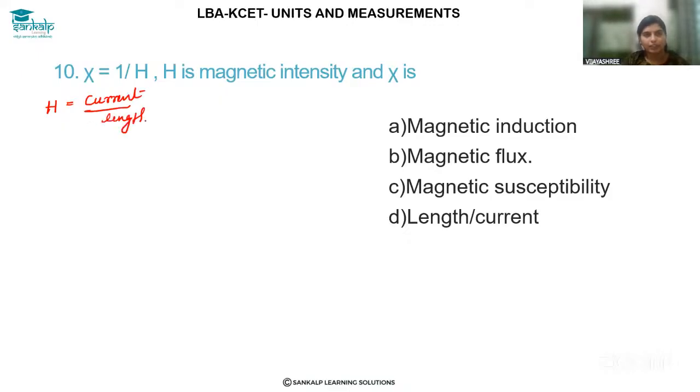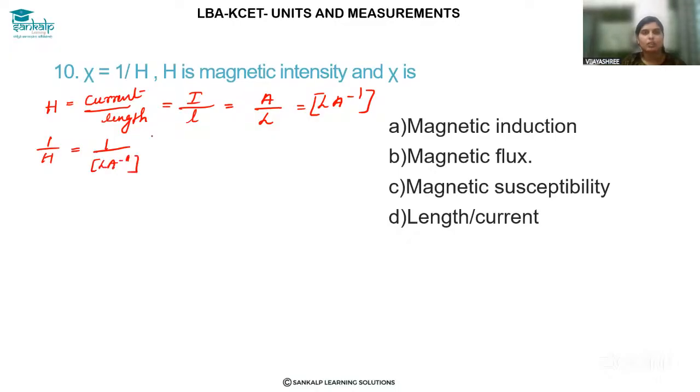Now you may know the answer, but let us look in detail. Current means I, length means L. The dimensional formula of current is A. The dimensional formula for length is L. So 1 by H is the dimensional formula for the reciprocal of H.